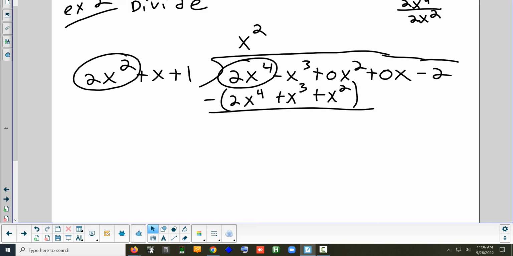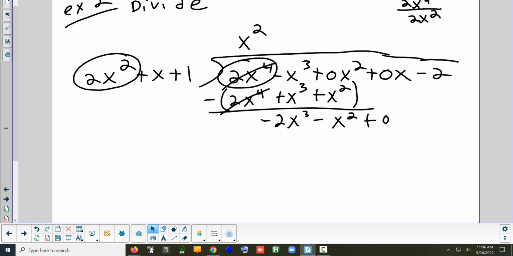Subtract them. Okay, 2x to the 4th minus 2x to the 4th, that's gone. What's negative x cubed minus x cubed? Negative 2x cubed. And what about 0x squared minus x squared? Negative x squared.